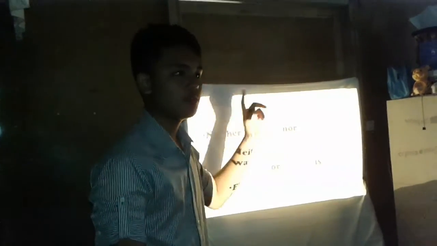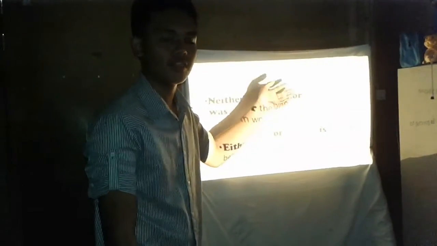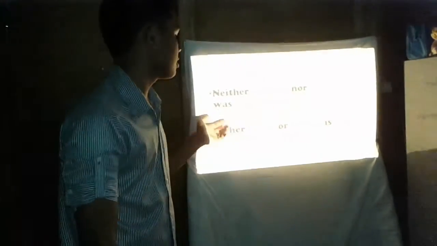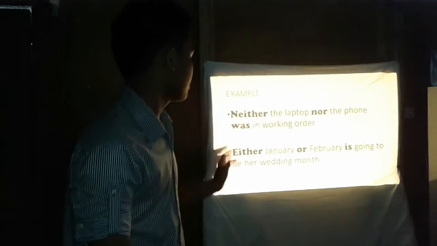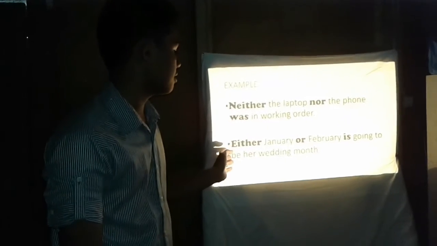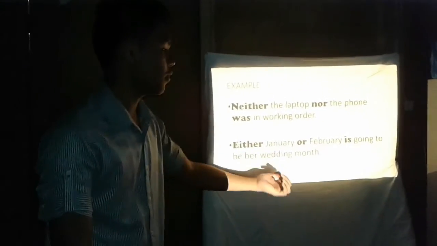So as one, we call it a singular subject, and a singular subject referring to one person or one thing corresponds to a singular verb. The second example is: either January or February is going to be her wedding month.